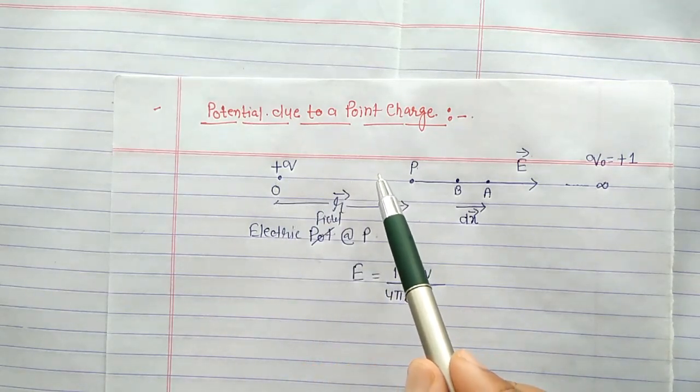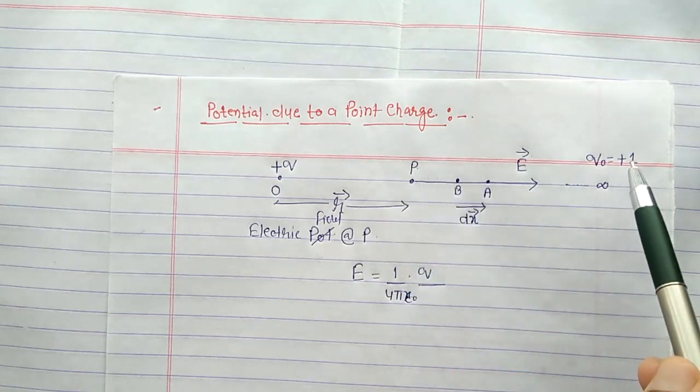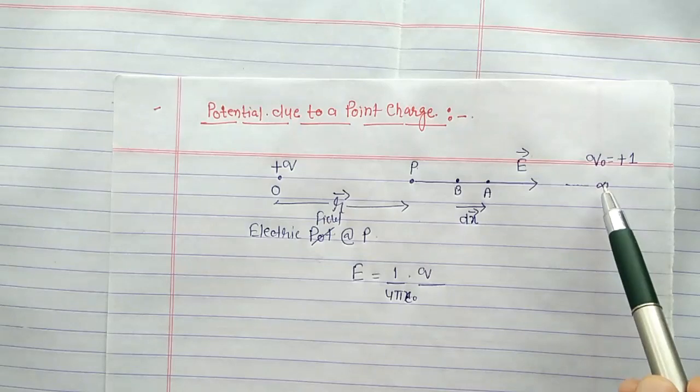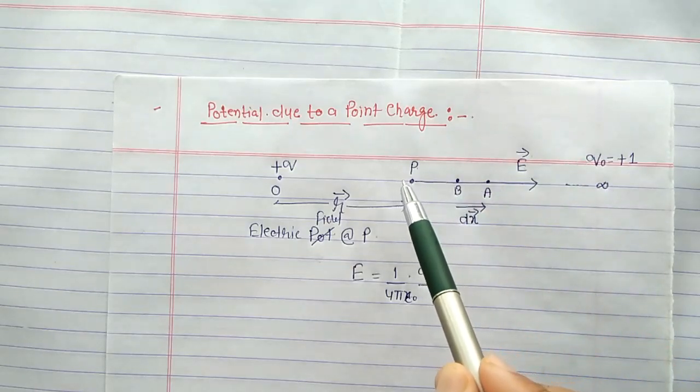According to the definition of electric potential, the amount of work done in bringing a unit positive charge from infinity to that point will be the electrostatic potential at that point.